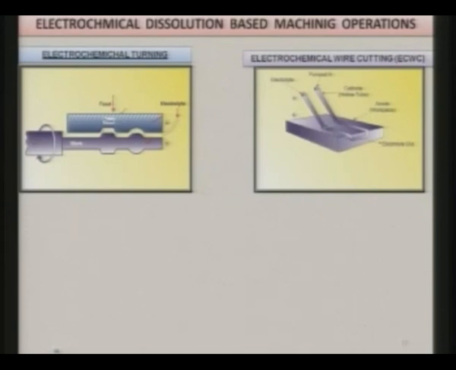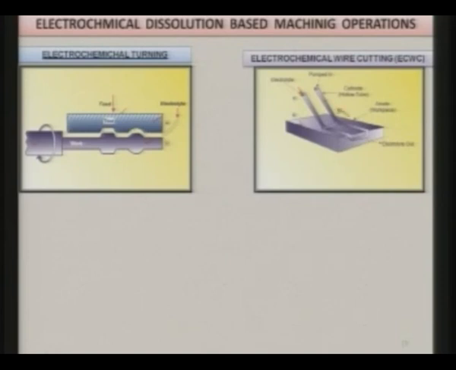Another good application is electrochemical wire cutting or tube cutting. You can see here again the workpiece is made as the anode and this is the tube, which is made as the cathode. A hollow tube is there and electrolyte is being supplied through this tube, and here are the holes through which electrolyte is coming, and you can see this tube is moving in this direction.